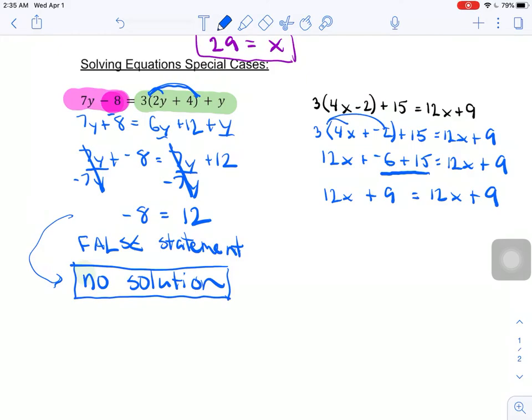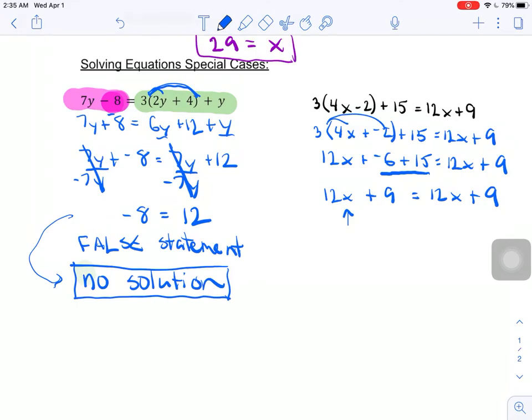These two expressions are what we call equivalent expressions, which basically means the expression is mirroring itself. So this is going to be very interesting as far as answers go, because since it's the exact same expression on the other side, I can put any number I want in for x, and it's going to give me the same answer because I'm filling it into the exact same thing on the other side.